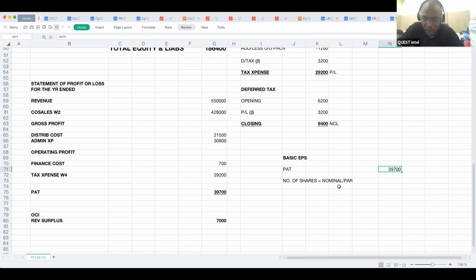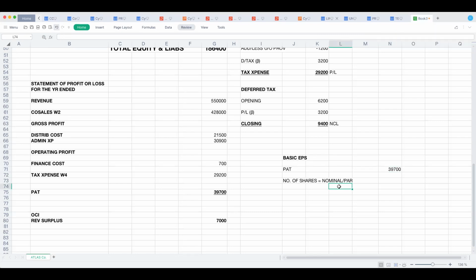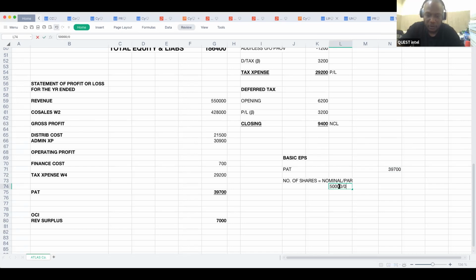So nominal divided by par, which is 50,000 divided by 0.5, right? Yeah. Boom. So we can come here and say it's equal to 50,000 divided by 0.5.